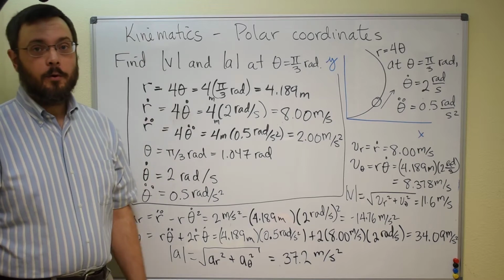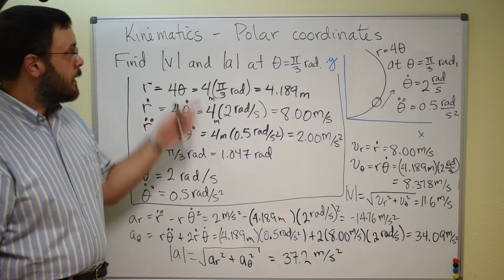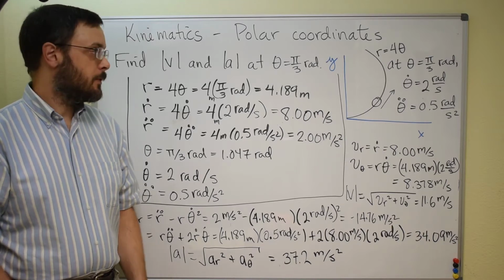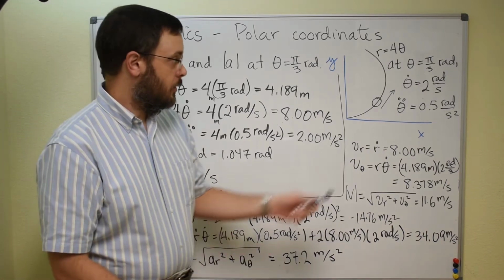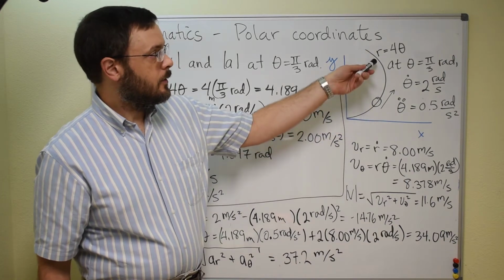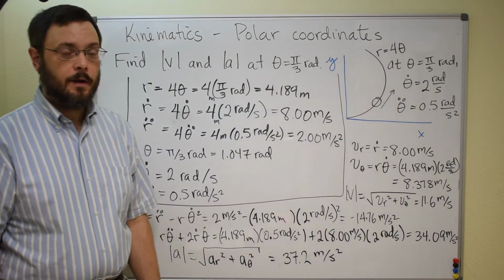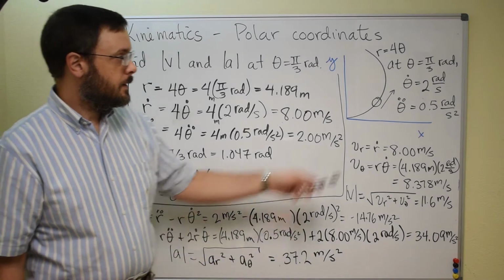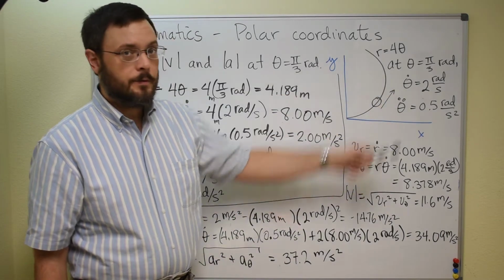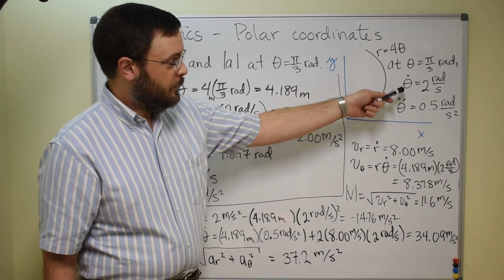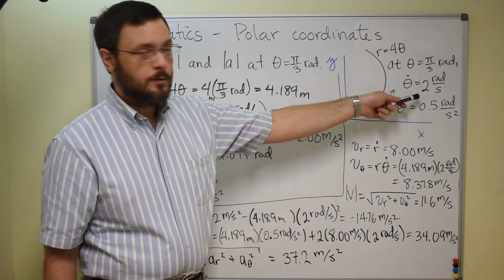Now we're looking at polar coordinates and also kinetics. So again, still just studying the motion of particles. We have a curve here that's the spiral r is equal to 4 times theta, where theta is the angle in radians. At theta equals pi over 3 radians, we're given that theta dot is 2 radians per second.